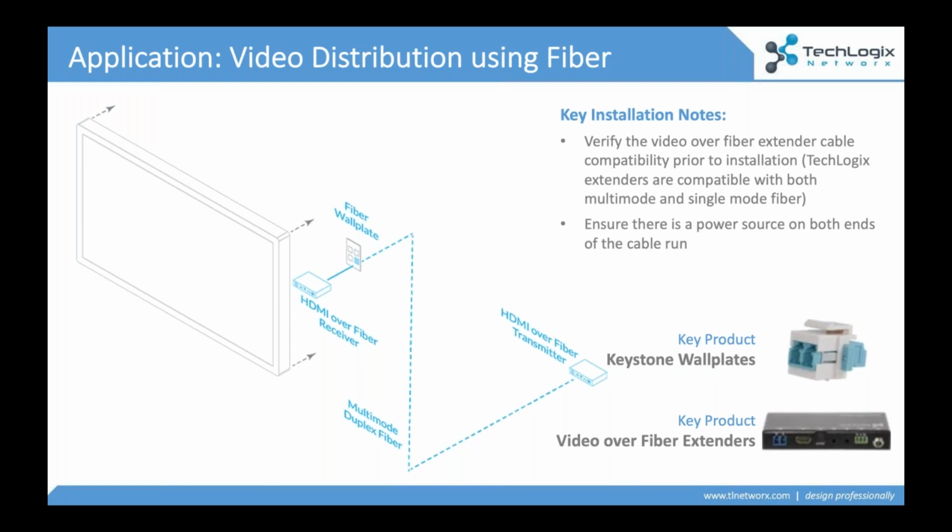So fiber is completely immune to static, surges, electrical noise, lightning, RF interference. Fiber is a transport mechanism, a cabling infrastructure type that is incredibly reliable. And when we talk about sensitive video signals like HDMI, fiber is a very robust way to distribute those signals.